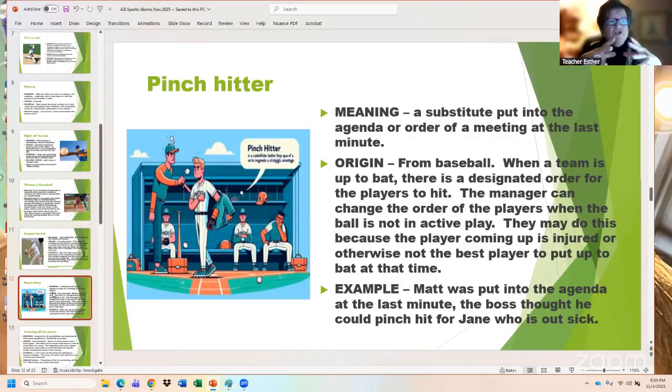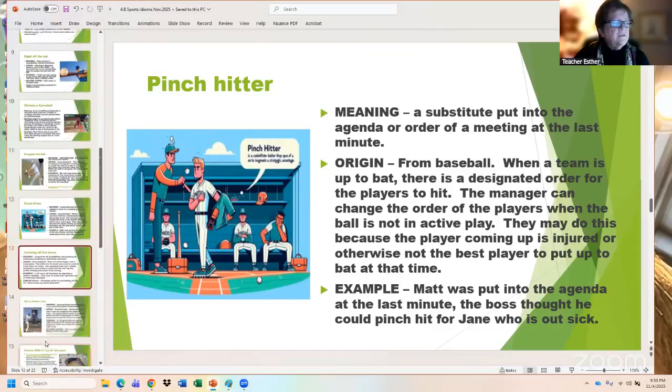And they might actually say that. We're asking Dave to come in and pinch hit for Dr. Haw because Dr. Haw is out sick. So the teaching assistant would come and teach the class.